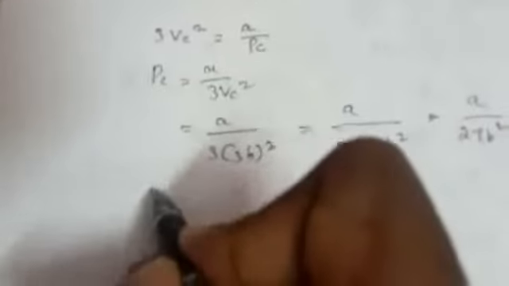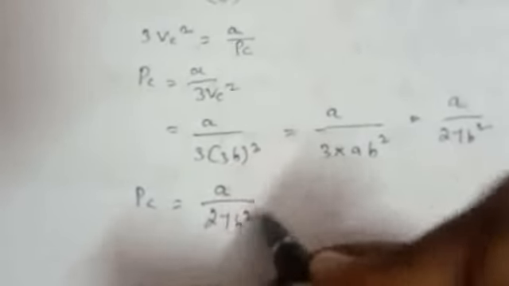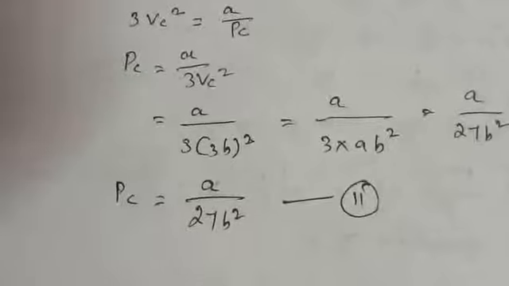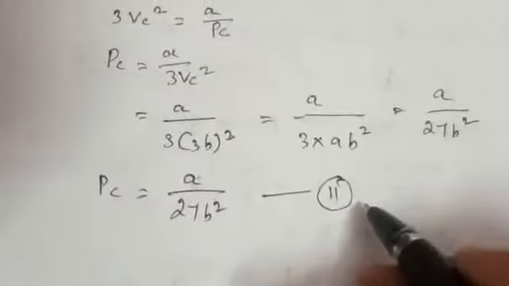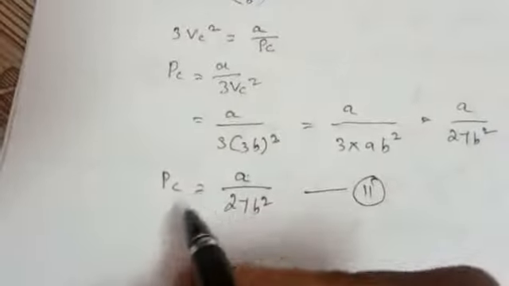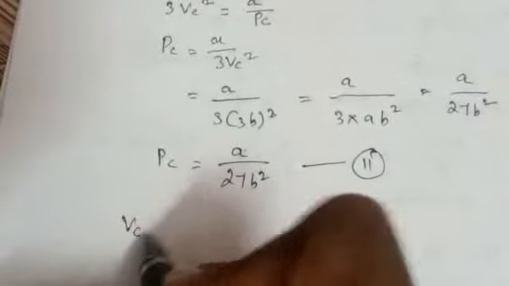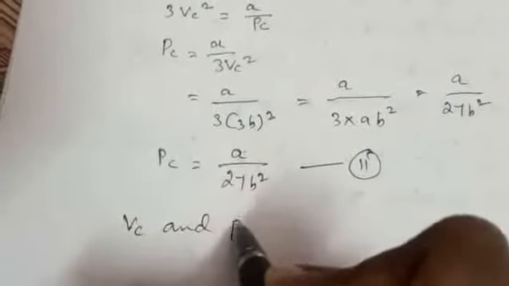So Pc is equal to A divided by 27B squared. Equation number 11.